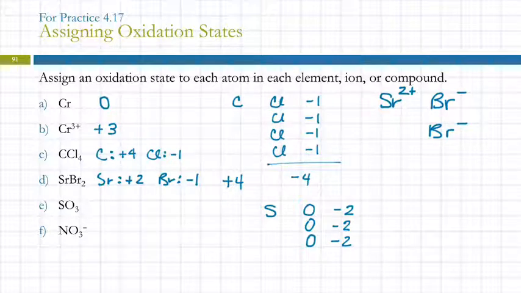Sulfur needs to take whatever is left. This is a neutral molecule. The oxidation states have to add up to 0. So it's +6. So the sulfur has a +6 oxidation state. Is it super happy about that? Probably not. Tough, those are the rules. That's what happens. So in SO3, the sulfur is +6, and each of the oxygens is -2.